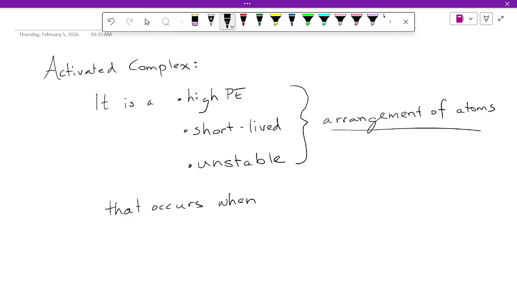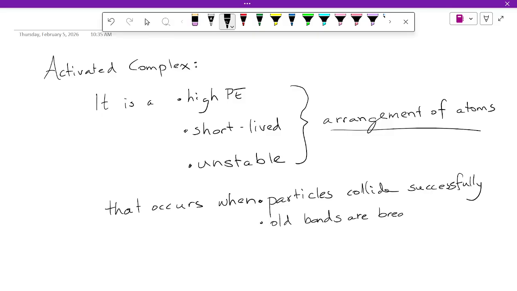So: when particles collide successfully, when old bonds are breaking, and new bonds are forming.